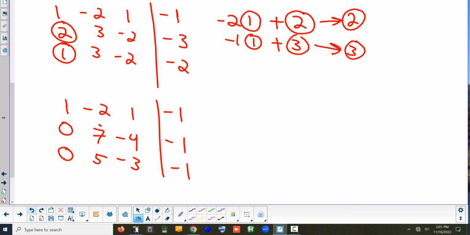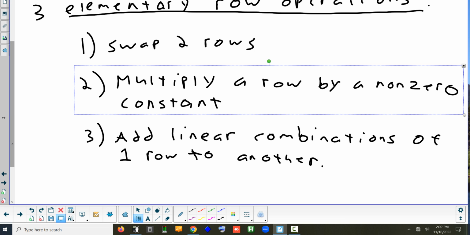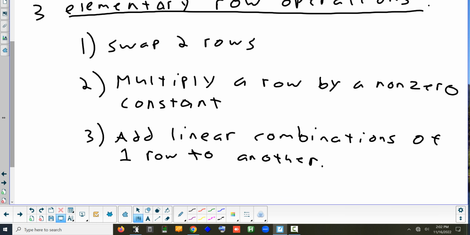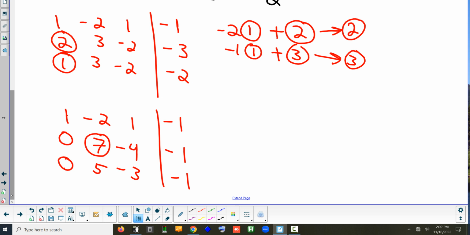How could I get a 1 right there? And remember, there's one elementary row operation we haven't used yet. We haven't used swap. We're not going to do a swap in this part. But look at rule 2: multiply a row by a number that's not 0.